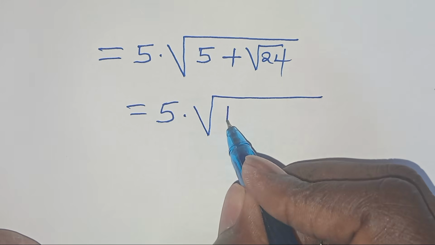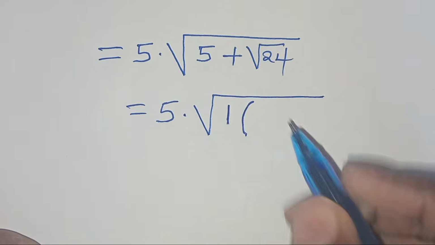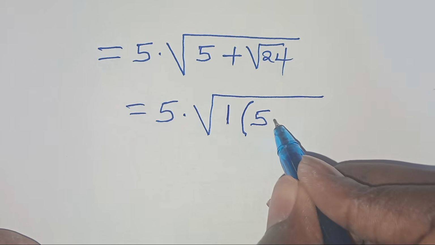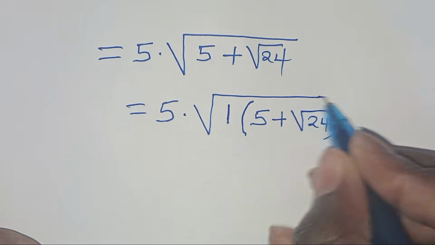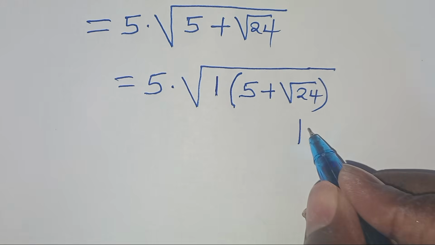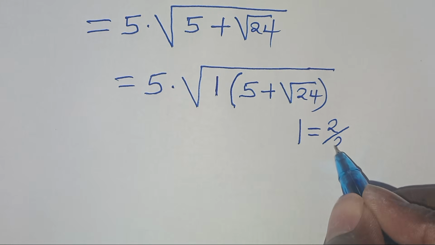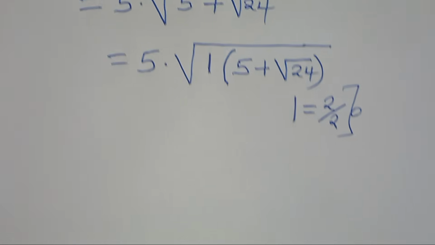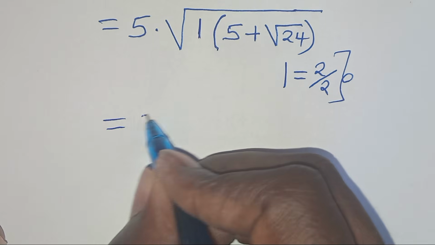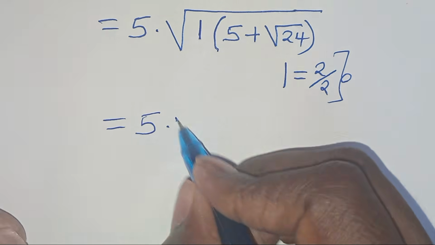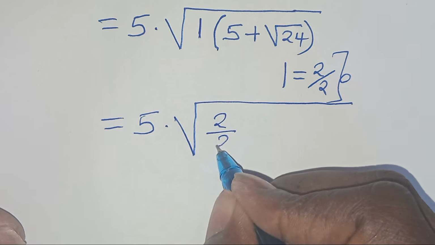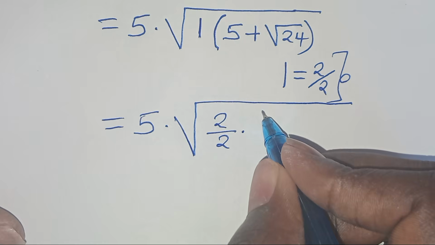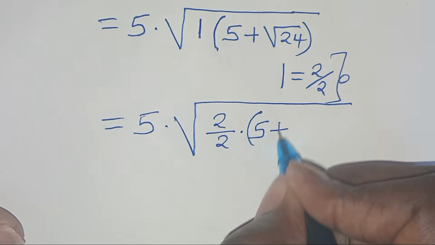We have that 1 is common here, so let's factor out 1 so that we have 1 into the parentheses. This is 5 plus root 24. Now we can express 1 as the same thing as 2 over 2. So that now we have 5 multiplied by root 2 over 2 multiplied by 5 plus root 24.